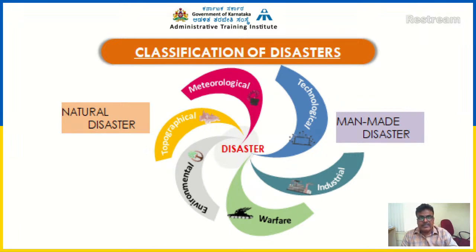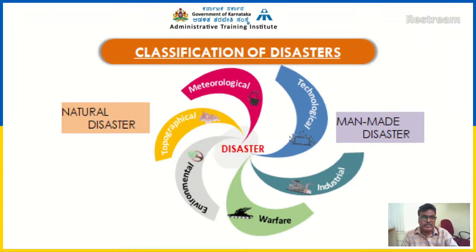Again, I wanted to recap a little more. You can classify the broad classification of disasters as natural disasters and man-made disasters. Under natural disasters, we can say meteorological, topographical, and environmental.